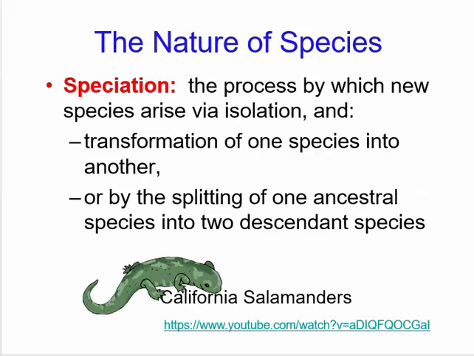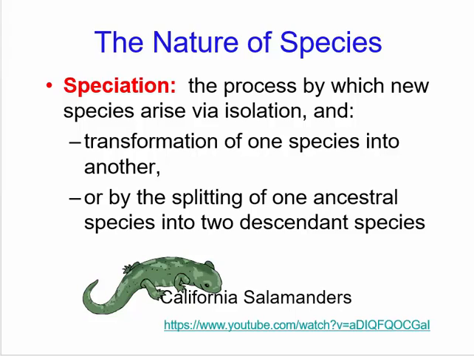All right, so let's talk more about what happens when hybridization occurs, but in the context of these California salamanders, these Ensatina salamanders, which you've already heard a little bit about with hybridization. But this is just a wonderful example where we see speciation in a group of organisms that has occurred, and where we also see hybridization.